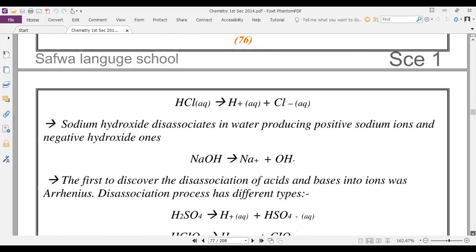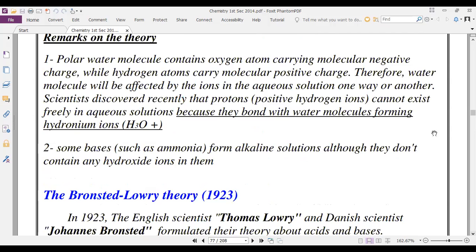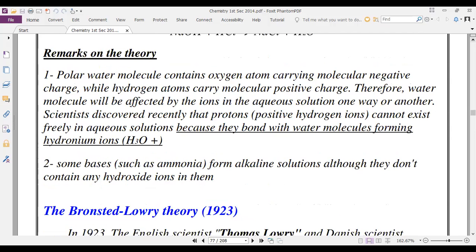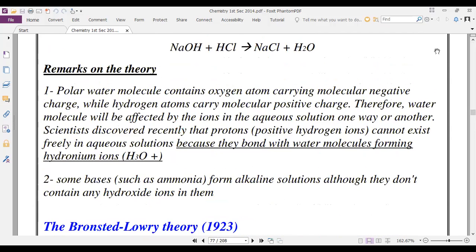Try to read this part, Mariam, please, about remarks on this theory. Polar water molecule contains an oxygen atom carrying a molecular negative charge, while hydrogen atoms carry a molecular positive charge.